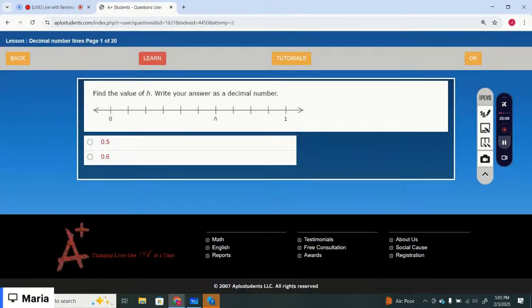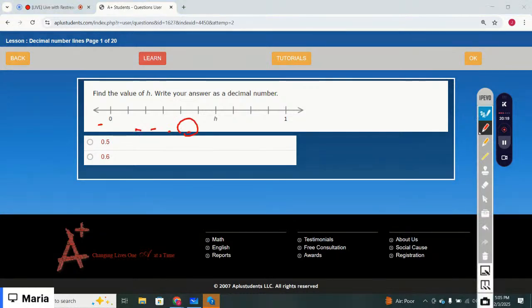Find the value of h. Write your answer as a decimal number. So the decimal numbers are the numbers that are between 0 and 1. You need to count from 0 to 1. You have 10 small intervals. You need to count on which interval h is. That is 1, 2, 3, 4, 5, 6. So h equals 0.6.